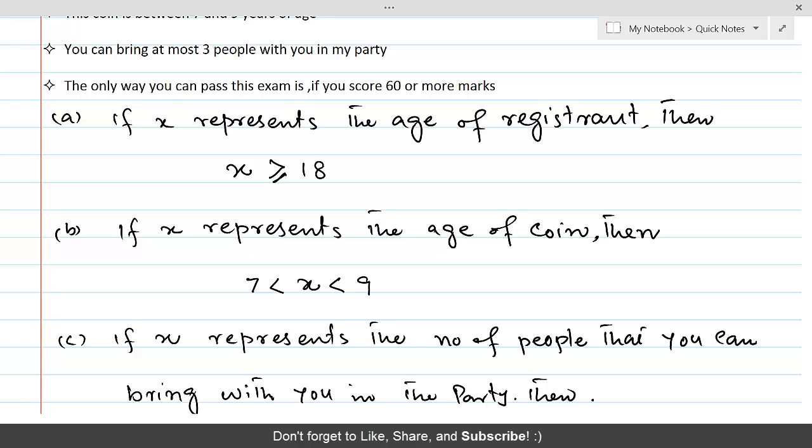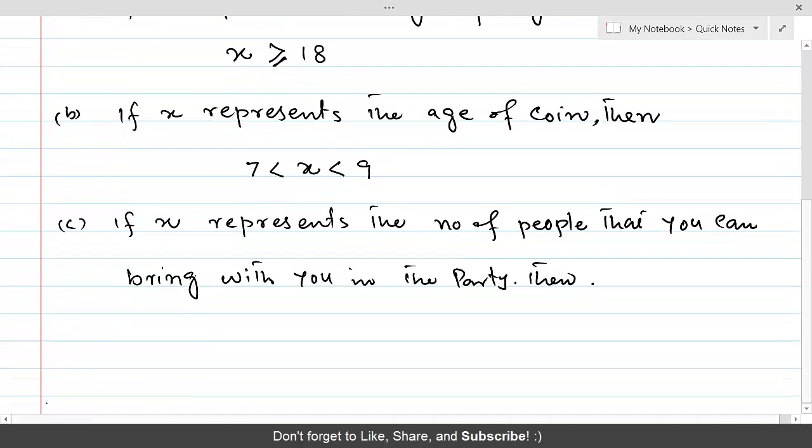Therefore, the reference value is part of this inequality, so we are going to say x is less than or equal to 3. This distinction is very important and should be kept in mind all the time: is the reference point itself part of the inequality or not? If it is part, then use the equal sign, otherwise don't use it.